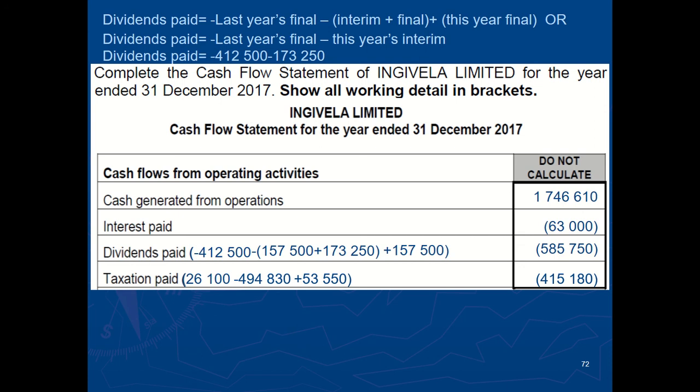And you're going to add all of these amounts, so you know that if it's in brackets it's minus when you put it into your calculator. So you're going to take 1,746,610 minus 63,000 minus 585,750 minus 415,180. Whatever you get as the amount, I know they said don't calculate, but I'm going to put it under that shaded column, which is minus 682,680.